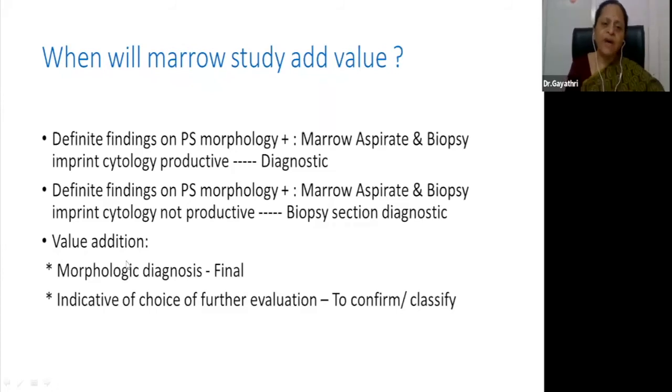There definitely is value addition by doing marrow studies in both these situations, because morphologic diagnosis can find a label for the entity, and sometimes it may not do that, but it will tell you what else to do. Like if there is fibrosis, you know what you should look for. If there is necrosis, we've seen those examples. Whatever there is, it will tell you what next to do, to identify, to confirm, or to classify the disorder.